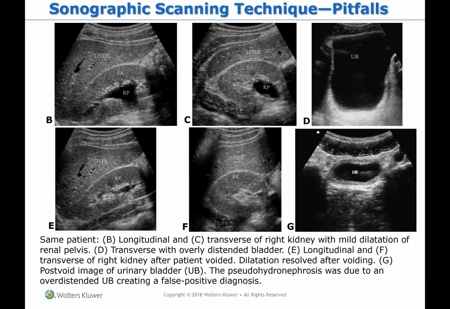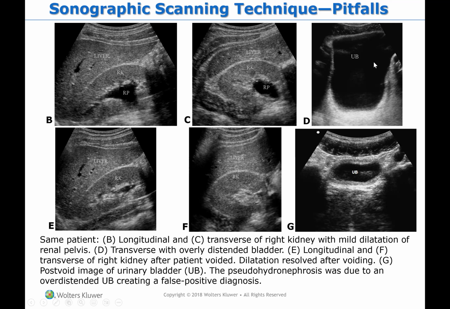Another interesting thing is when a patient has an overextended bladder, it can come off as dilatation of the renal pelvis or hydronephrosis. This patient is showing long and transverse images, and you can see RP here. That's the dilatation of the renal pelvis going into the sinus there, and you can see how big the bladder is.